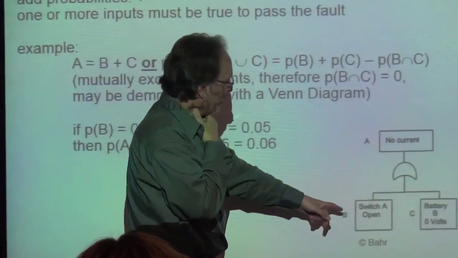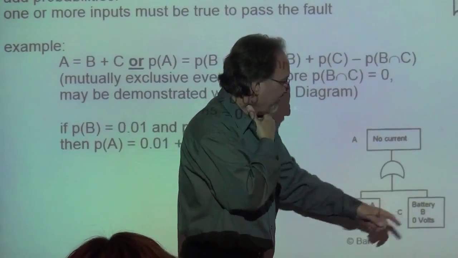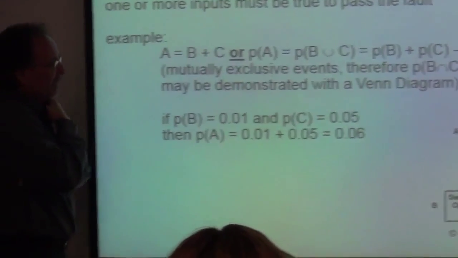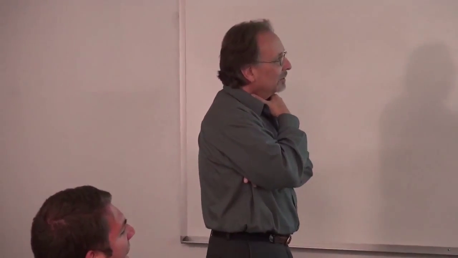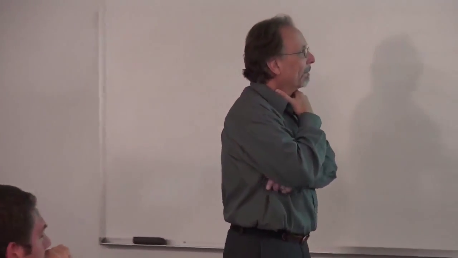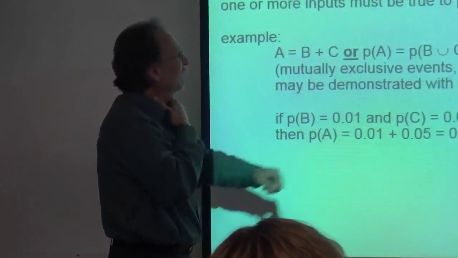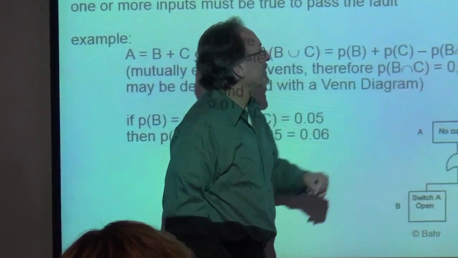So if switch A is open, you'll get no current. Or if battery B has 0 volts, you'll get no current. If they happen together, it doesn't matter, because any one of them will occur. So again, you just add probabilities for B and C. B union C is, of course, B plus C minus the intersection.